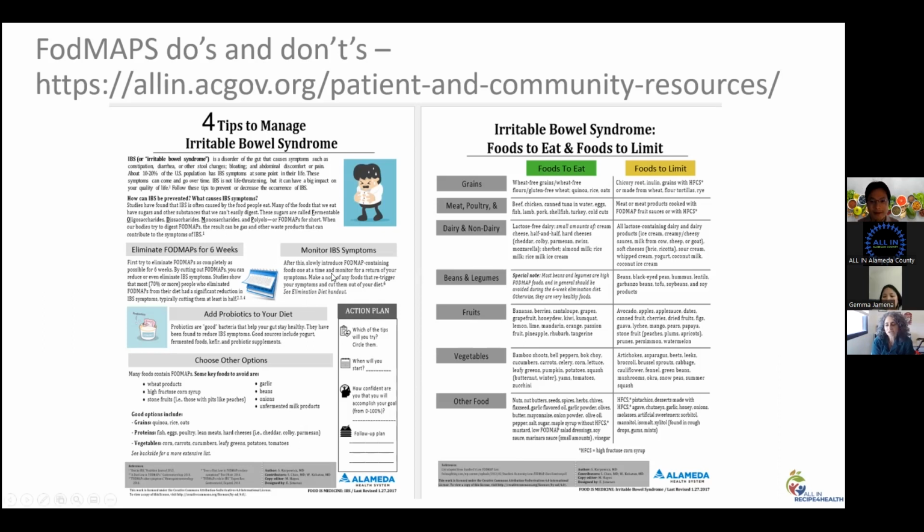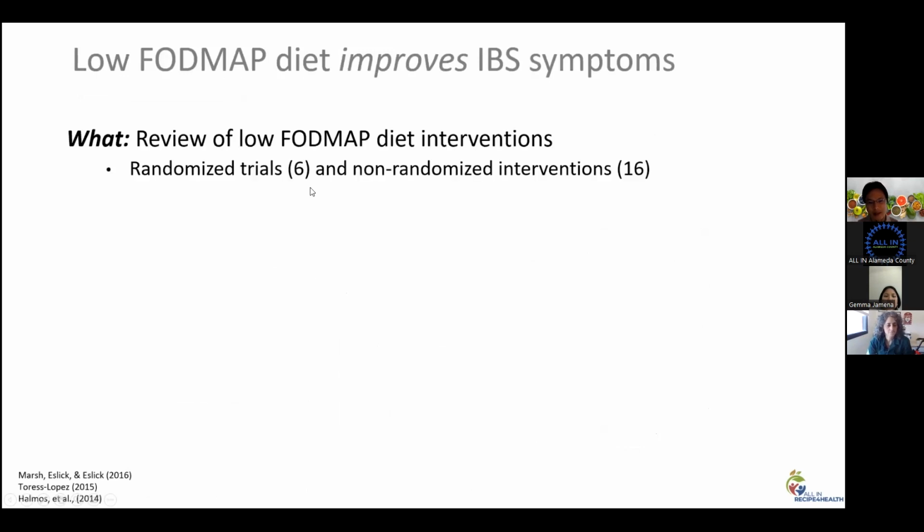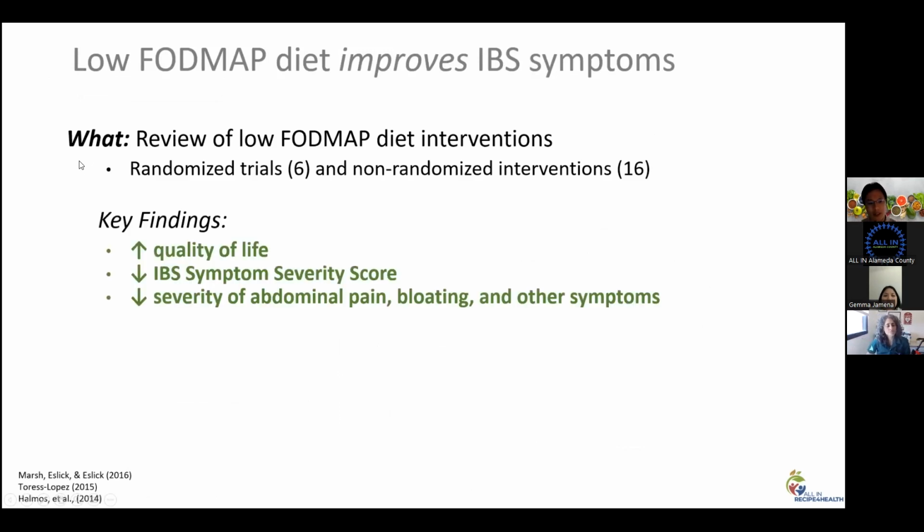Yeah, I actually just sent everybody another chart that's super easy to read that has the foods incorporated there. So, in terms of some of the data behind the low FODMAP diet, there have been reviews, randomized trials, and non-randomized controlled trials.